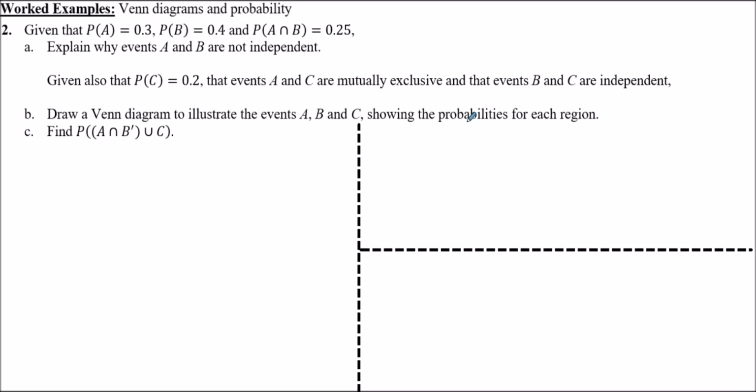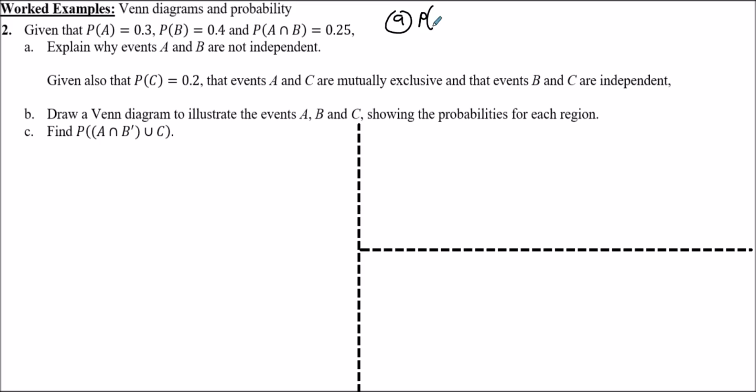Finally, worked example 2. So given that the probability of A is 0.3, the probability of B is 0.4, and the probability of A and B together is 0.25, first of all we need to explain why events A and B are not independent. So what we do here is we work out P(A) times P(B).